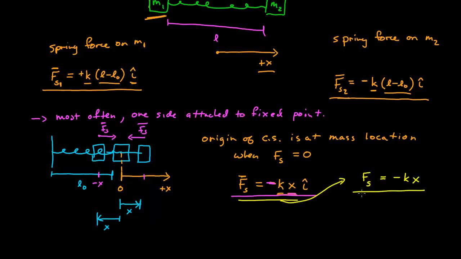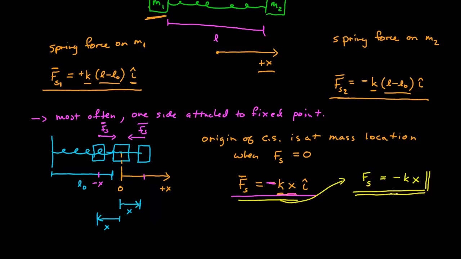Now, this might be an expression people have seen for the spring force if they've looked at physics before or taken a physics course, but it's very important to see how limited a case this particular relationship for the spring force is.